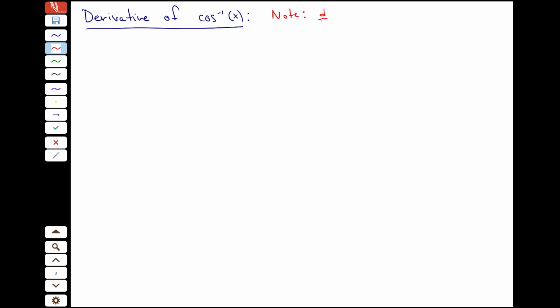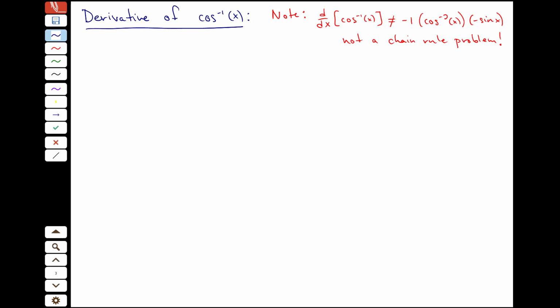If you're trying to take the derivative of arc cosine of x, you cannot take down this minus 1 power, subtract 1 from it, and then take the derivative of cosine as if this was a chain rule problem. This is not a chain rule problem, because that's not what arc cosine means.